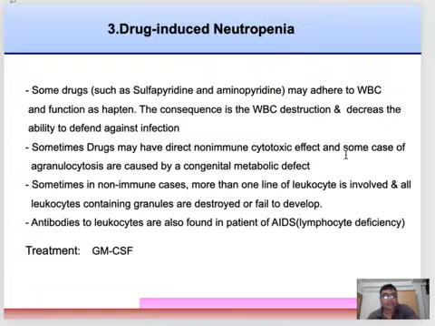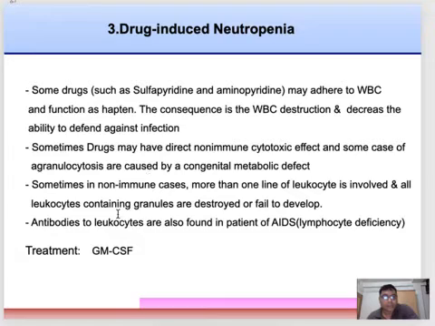Some cases of agranulocytosis are caused by a congenital metabolic defect, meaning a problem people have from birth. Also, sometimes in non-immune cases, more than one line of leukocyte is involved, and all leukocytes containing granules are destroyed or fail to develop.